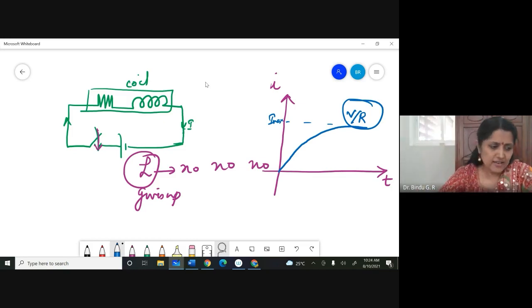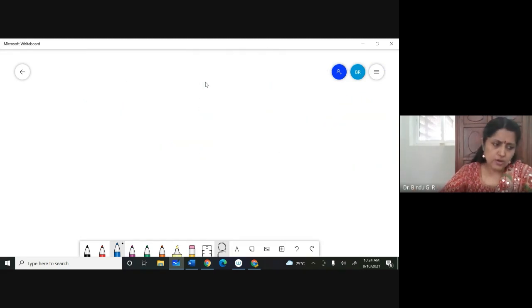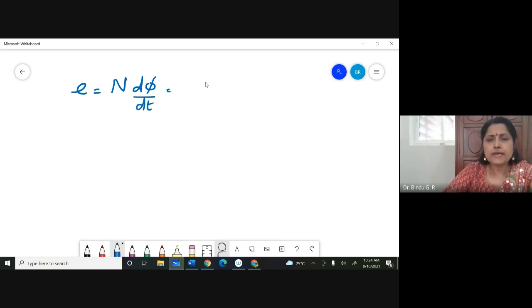That is L. Now, even if we can say all these things, what really matters is how you can mathematically express it. That's all that we are going to do today. As you all know, by Faraday's law, E is equal to N d phi by dt, that is equal to d by dt of N phi.